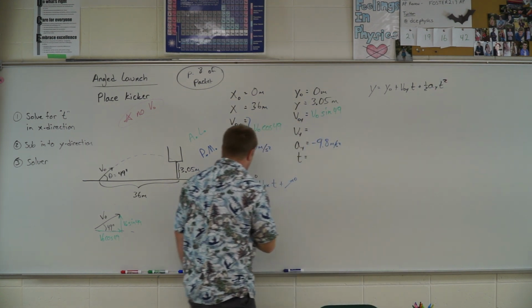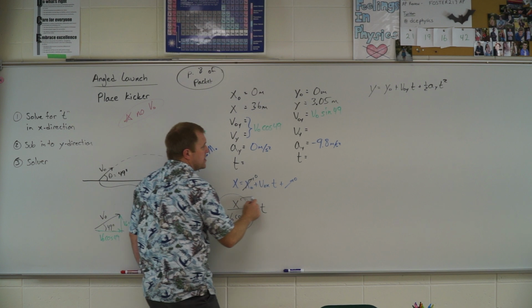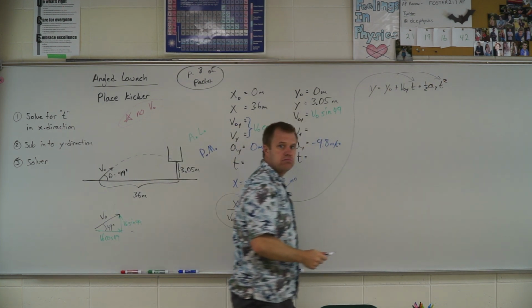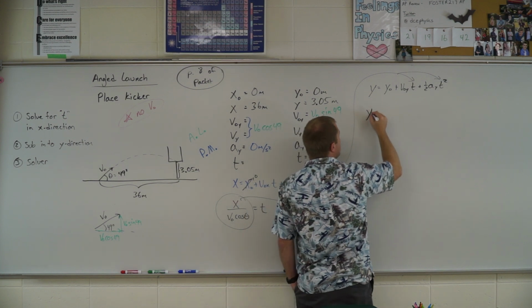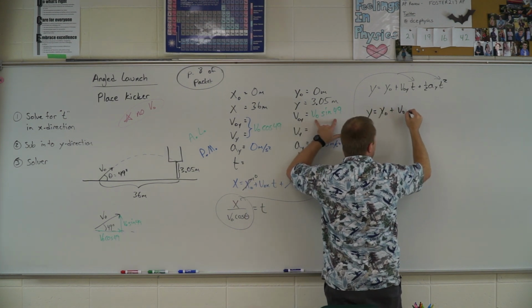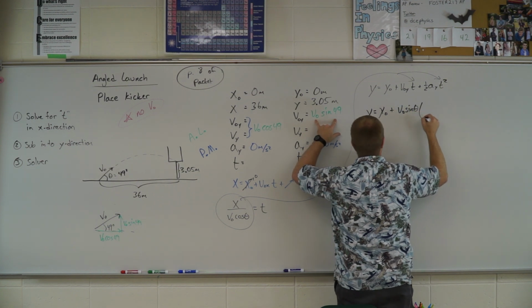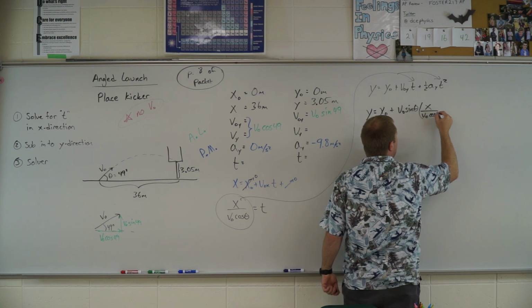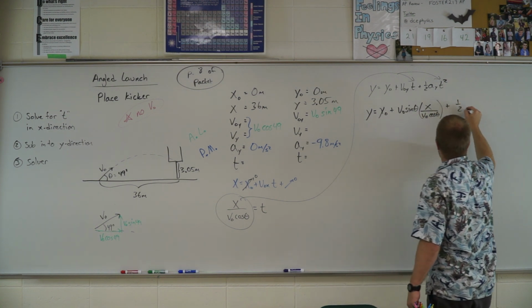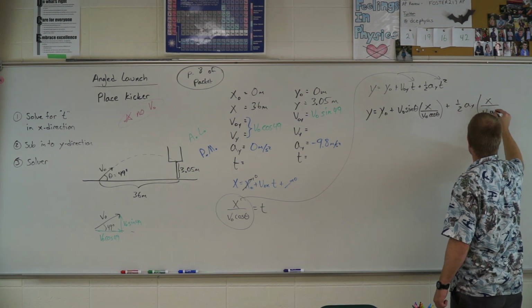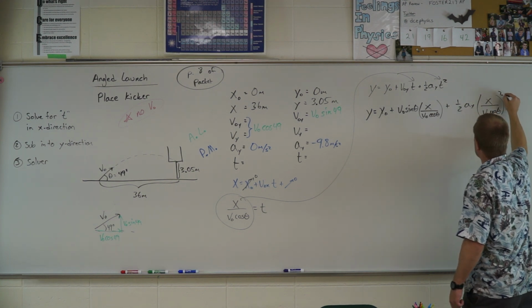Now, I'm going to take all of this and substitute it in for t. All right, so here we go. So I have y equals y0 plus v0 sine of theta times x divided by v0 cosine of theta plus 1/2 times ay times x divided by v0 cosine theta squared.